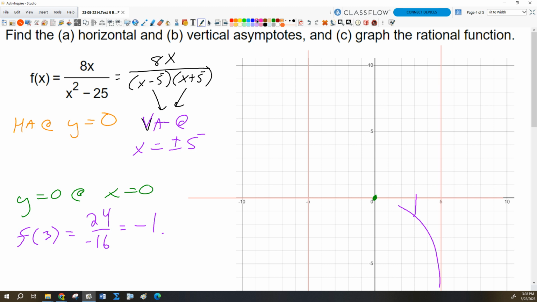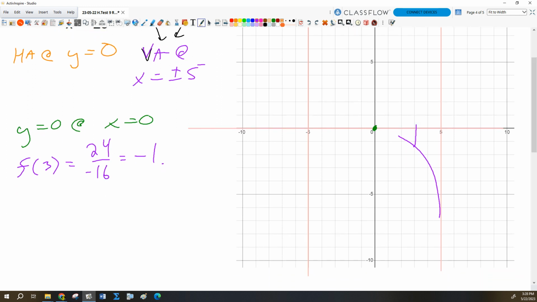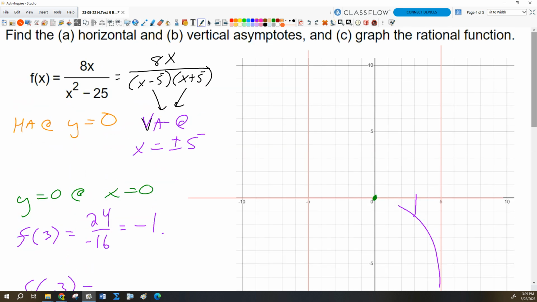What's another test point I probably want to pick? How about negative 3? Okay, so if we try negative 3, what's that going to give me? What do I get on top if I plug negative 3 in? Negative 24. What do I get on the bottom?